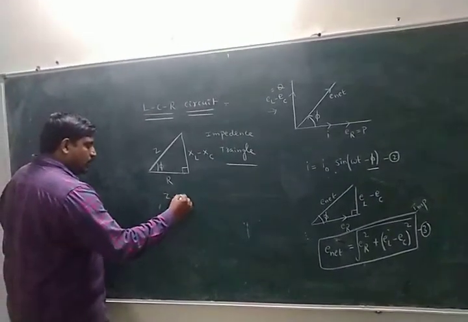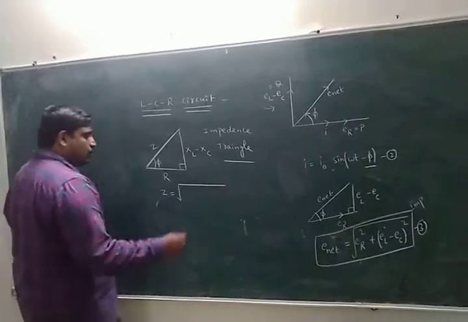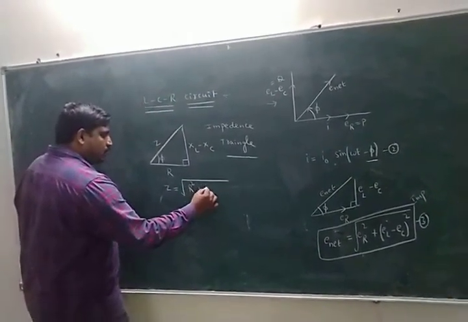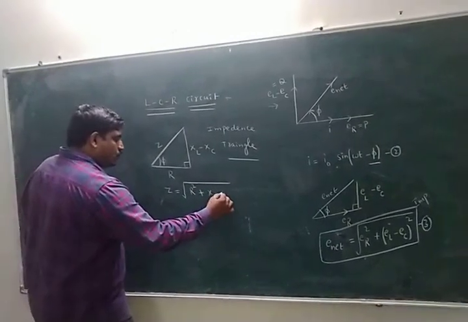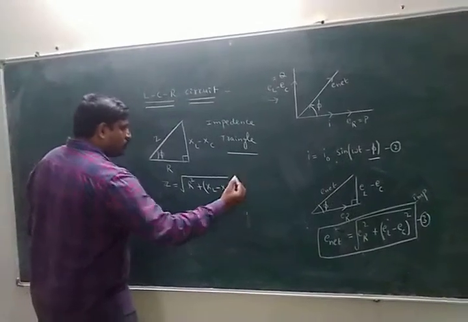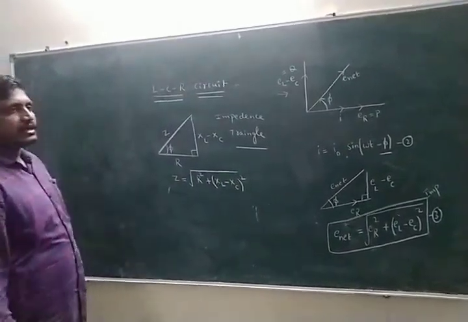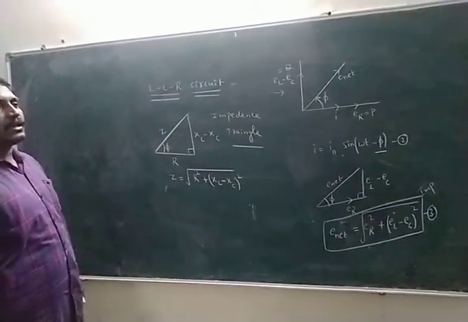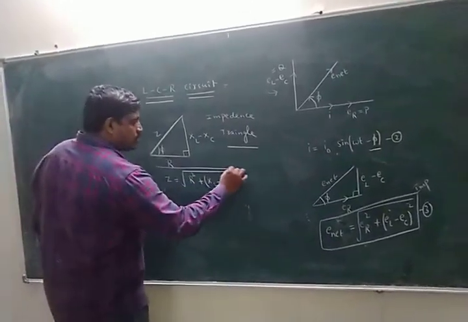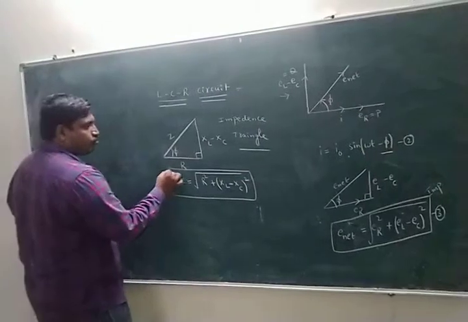Pythagoras theorem. Hypotenuse square equal to side square plus side square. This is the total impedance in the LCR circuit. The condition is EL greater than EC. Okay?